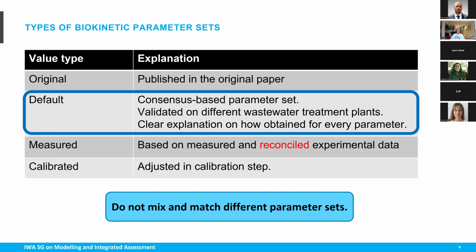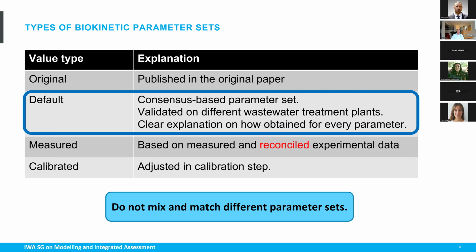Okay, so what types of biokinetic parameters do we have? We have the original ones, which is typically what is published in the original paper. But then you see that more and more people start using that model, and there are more and more applications. After a while, if people think, oh, that model makes sense, then step by step new default parameters are developed, right?